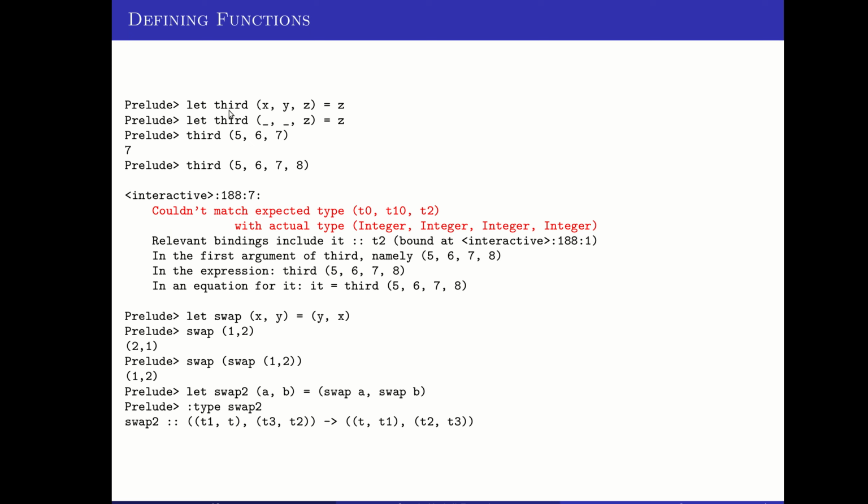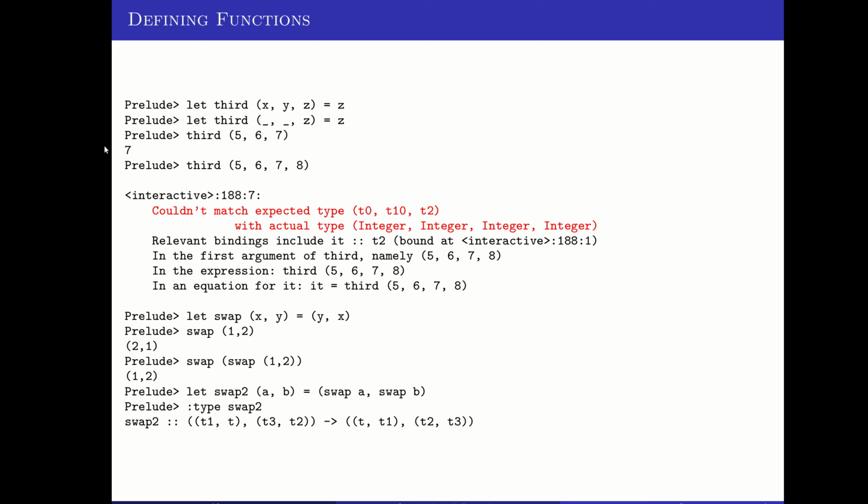If you had two things and an empty list and you knew that you could return the empty list, well, you can just say blank blank empty list and that you're going to return the empty list. These will be useful for more advanced function definitions that we'll see later on in another video. So here we are using third on the tuple 5, 6, 7, and we get 7 out.